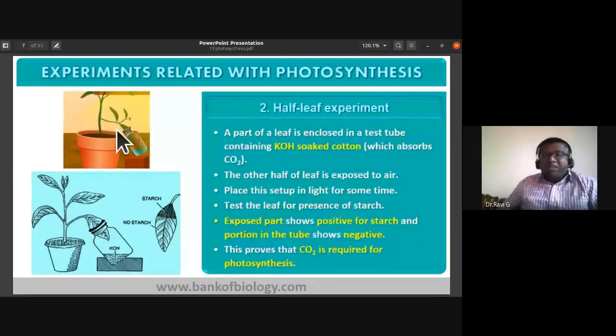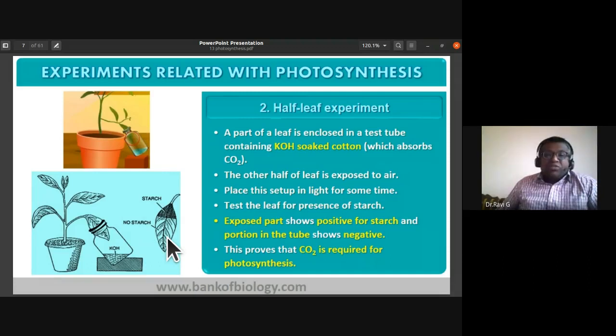Now, this leaf is detached and it is tested for starch. The part which was exposed to the atmosphere showed positivity for starch, and the half leaf which was within the reagent bottle or test tube did not show any starch; the test for starch was not indicated.